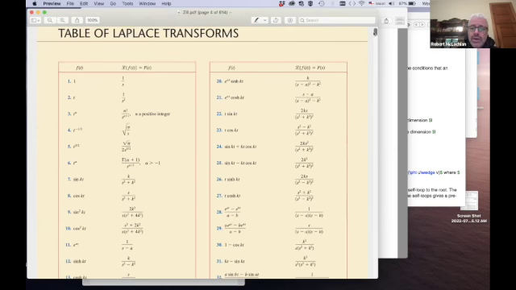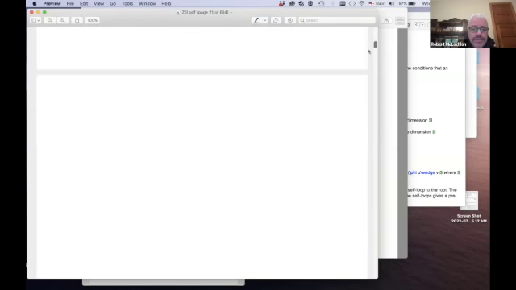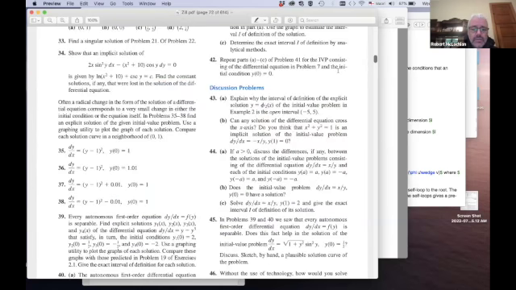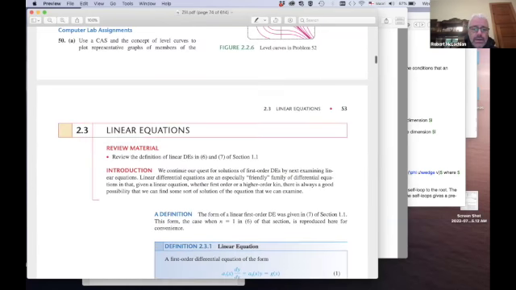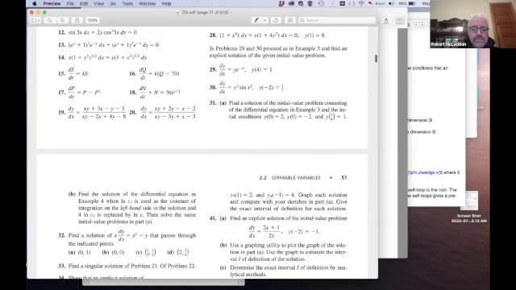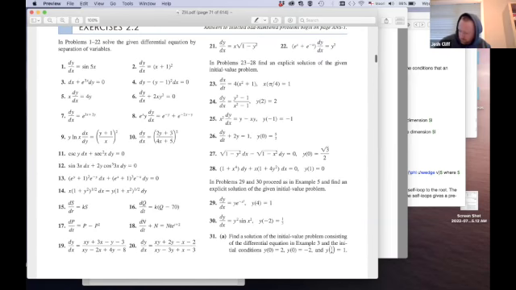Okie dokie. So if we go to chapter 2.1, 2.2, this is separable. Here we go. These problems will give you as much practice as you want on your integration techniques.